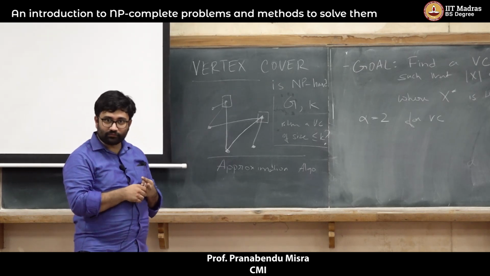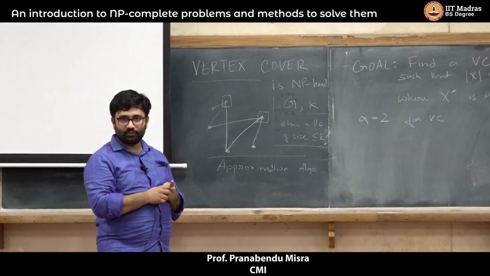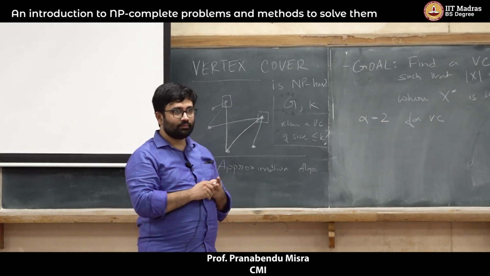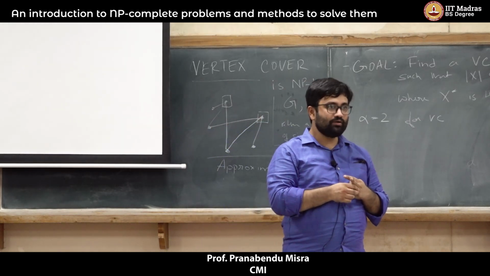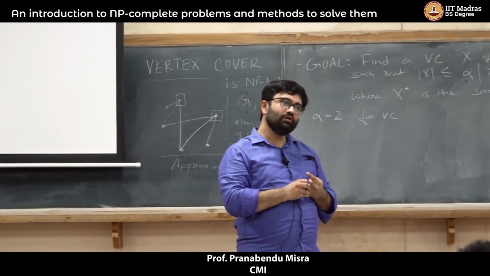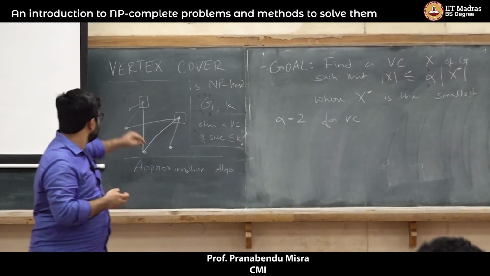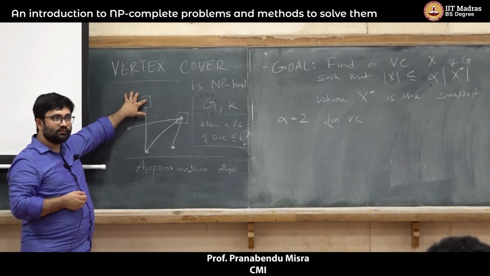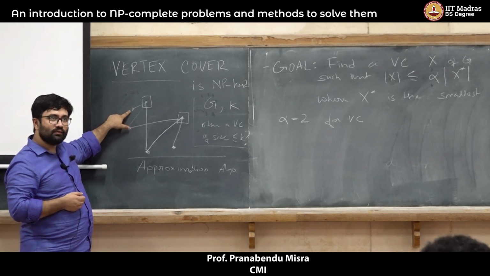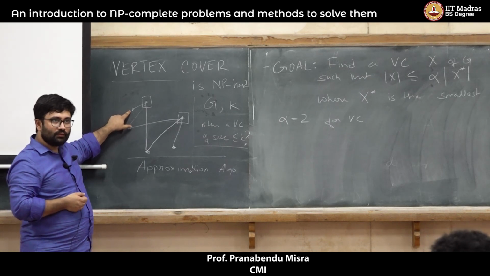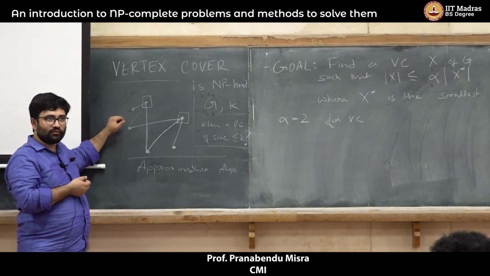Half of the vertices. But how do you select which half? I cannot hear you. Breadth first search. How will you use breadth first search? Okay, you start from this vertex. What if I start from this vertex then? No, I mean, how will you select the vertices into the vertex cover? That's what I'm asking.